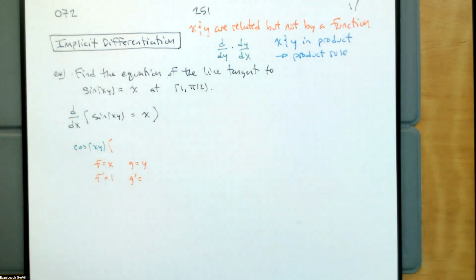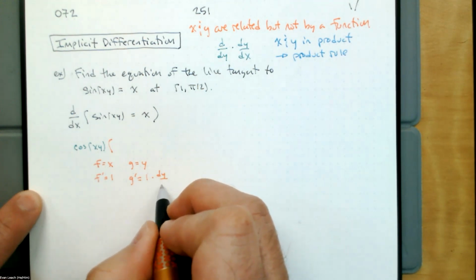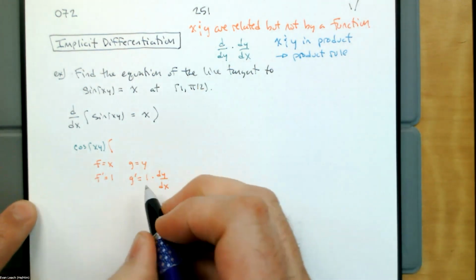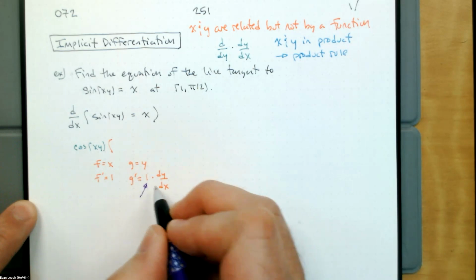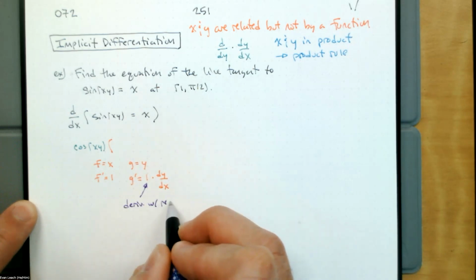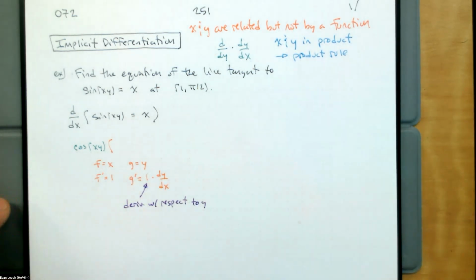When we say the derivative of y is 1, that's the derivative with respect to y. So we have to multiply by the derivative of y with respect to x. The important thing to note here is that when we write 1, that's the derivative with respect to y. So the chain rule says we have to multiply by the derivative of y with respect to x.